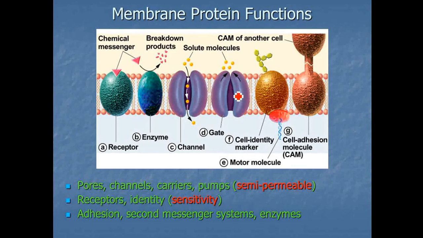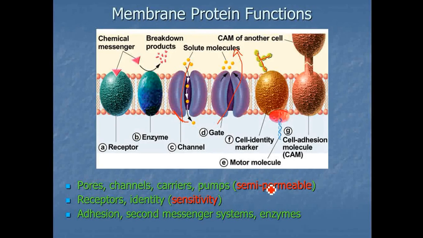These enable things to get into the cell or possibly outside the cell. You have cell identity markers. These are proteins that basically identify the cell to their neighbors. You can see this one, for instance, has a sugar on it. Then we also have cell adhesion molecules, or cell adhesion proteins, that enable the cell to adhere to other cells.